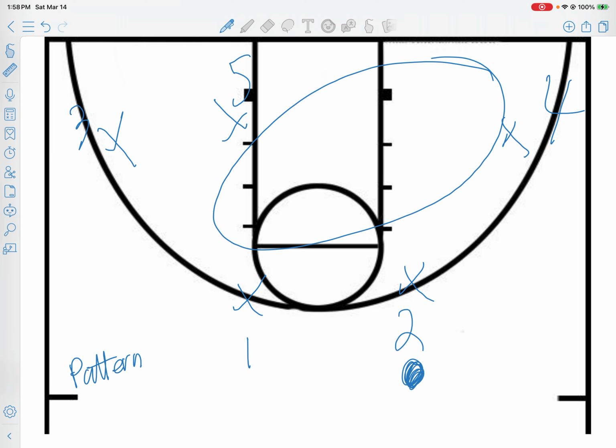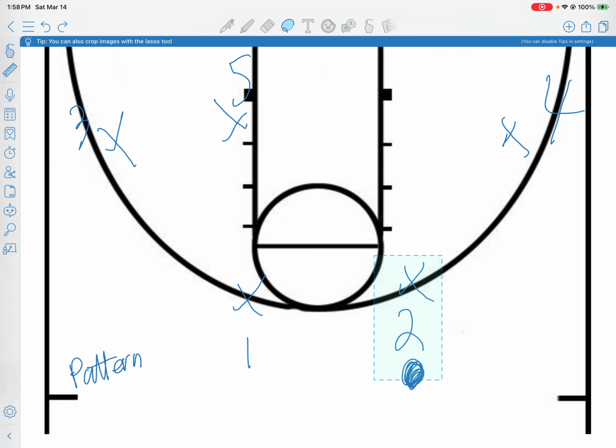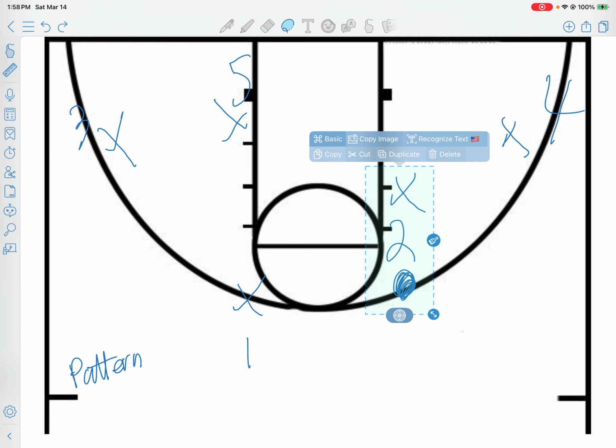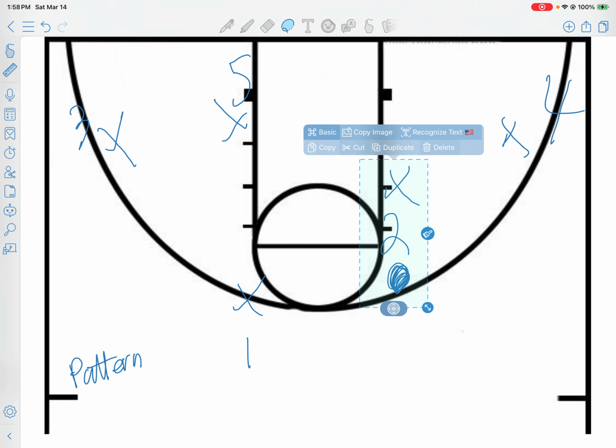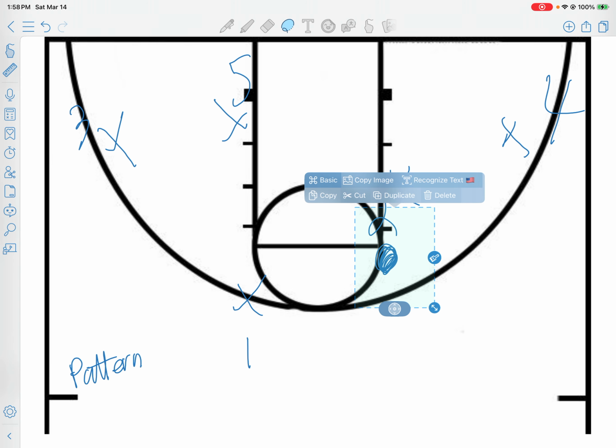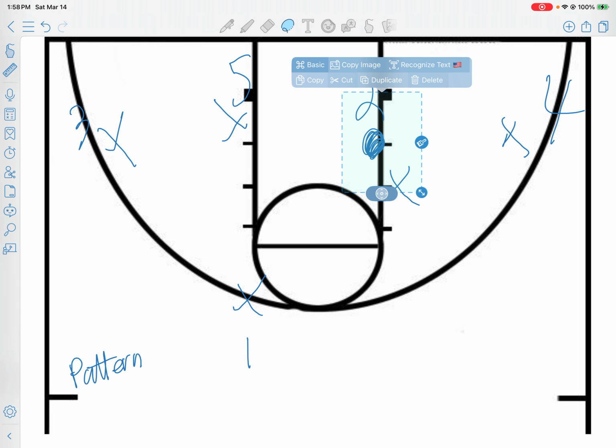Okay, now the pattern I want you to think about is this. When you drive in, if it stays one-on-one, it's you to the hoop, all right? I want you to take it to the hoop, get as close as you can for a layup.